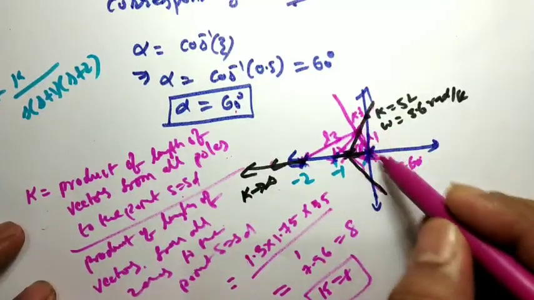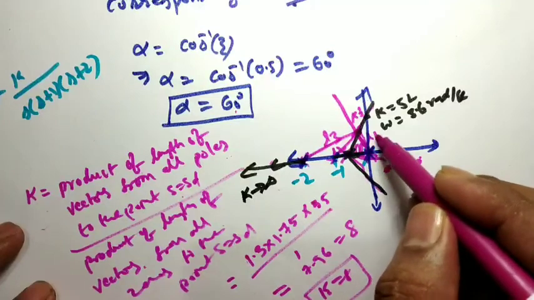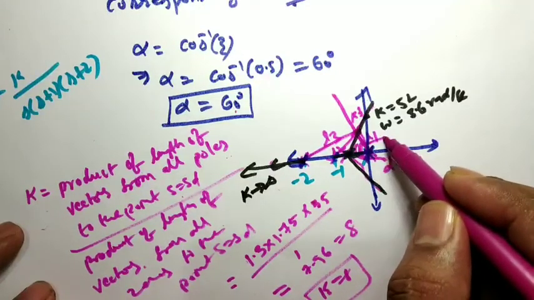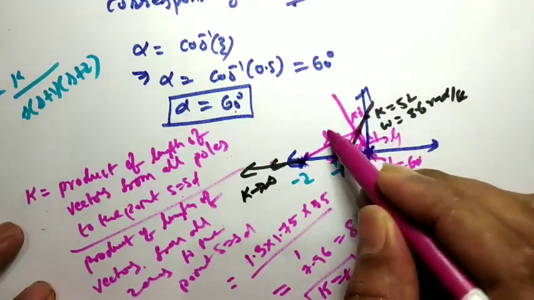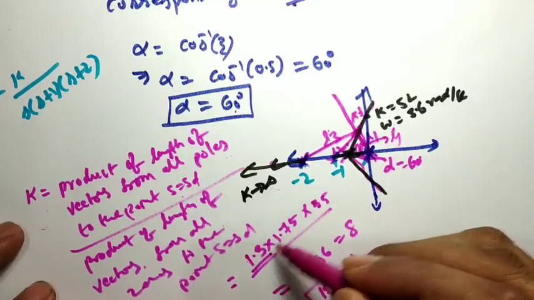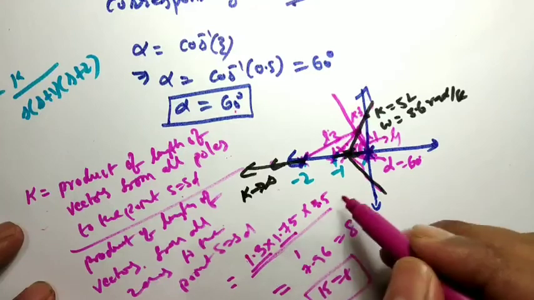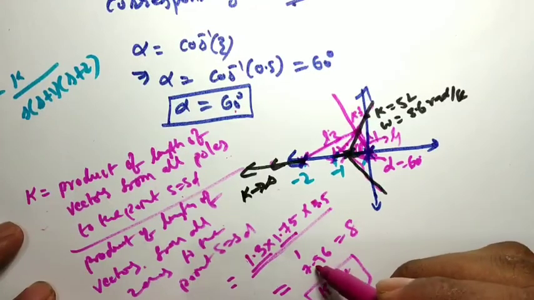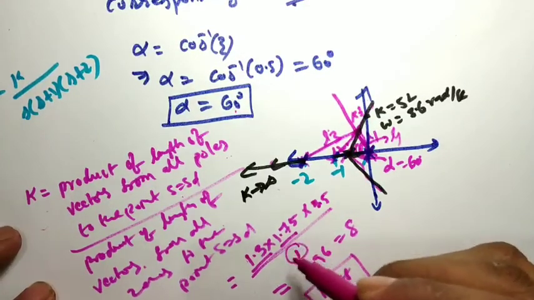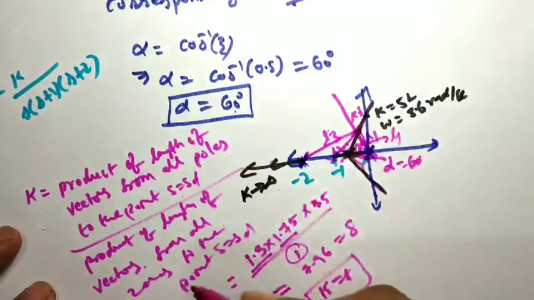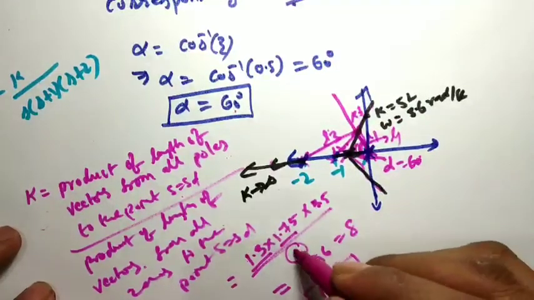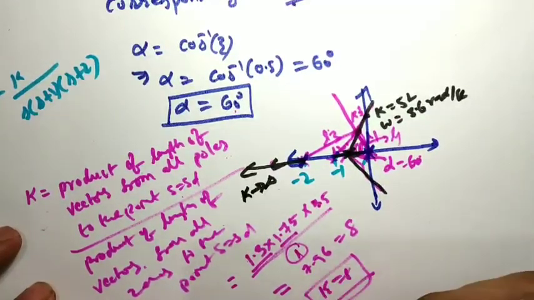You can measure these lengths with a scale. This vector is L1, this vector L2 and L3. If L1 is equal to 1.3, L2 is equal to 1.7, and L3 is equal to 3.5, then if you multiply, you will get 7.96 here. There is no product of length of vectors from zeros, so we put 1. So approximately we will get k is equal to 8.